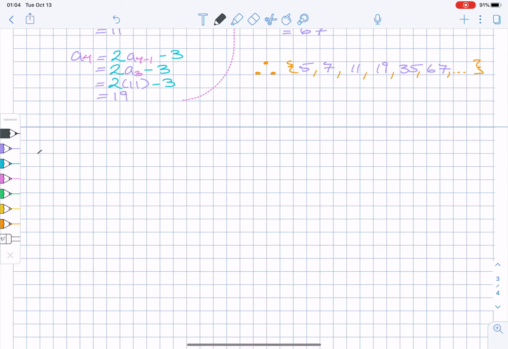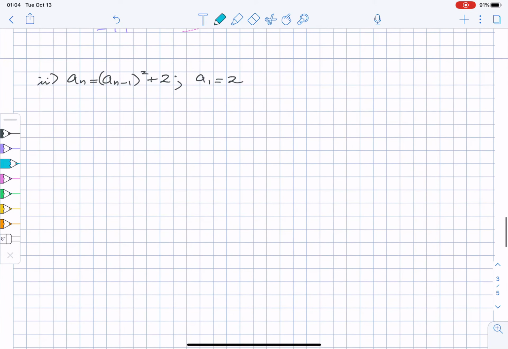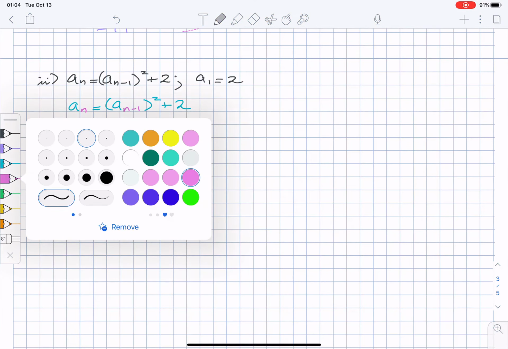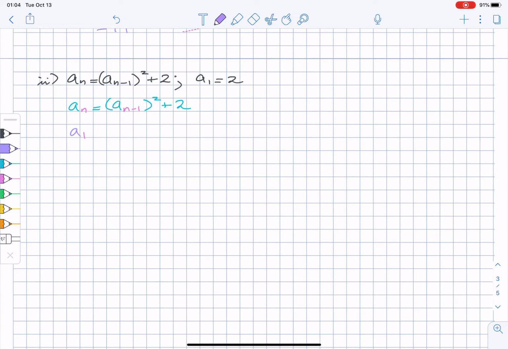So number 2, let's say we have that a sub n is going to be a sub n minus 1 quantity squared plus 2, where a sub 1 is given as 2. Okay, so we know that a sub n is going to be quantity a sub n minus 1 squared plus 2. And we're given that a sub 1 is 2.